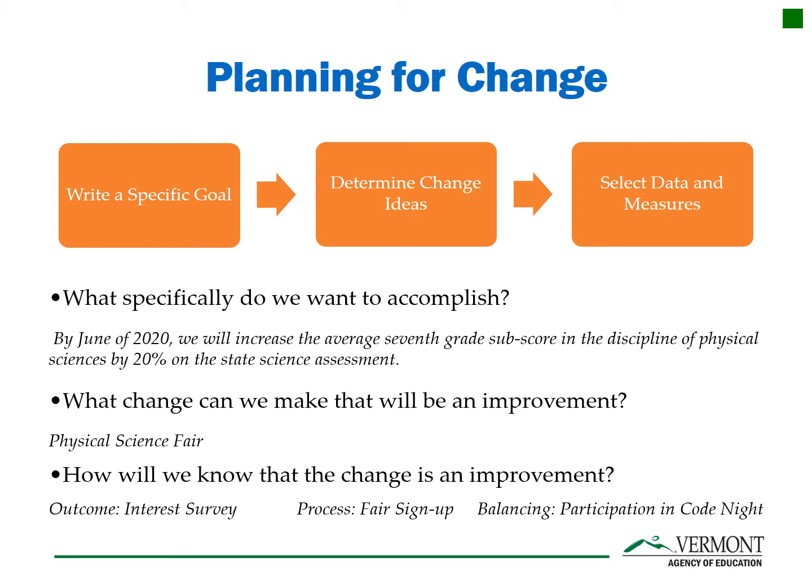And finally, balancing measures are measures of unintended consequences of a change idea. We use balancing measures with appreciation for the complexity and interconnectedness of our system. In our example, if student time and energy are spent on preparing for a physical sciences fair, and interest in physical sciences is growing, will students be less likely to participate in the yearly code night?